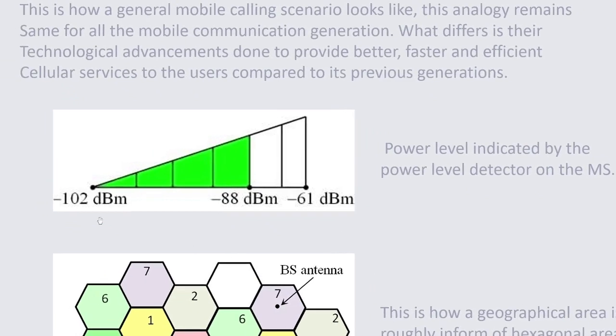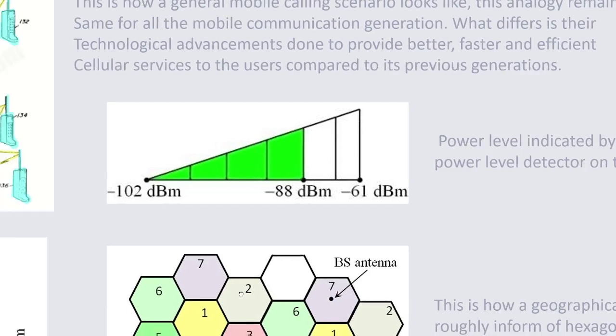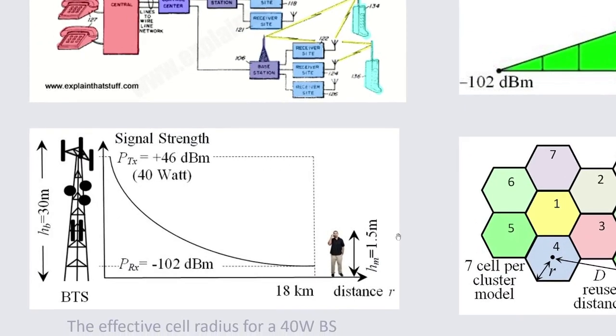So this is how the power level detector on the MS shows you the strength of the signal you are getting from your nearest mobile tower. In 4G and 5G, the lowest power level required to make a call or avail different cellular services is minus 102 dBm, that is as low as 10 power minus 14 watts.